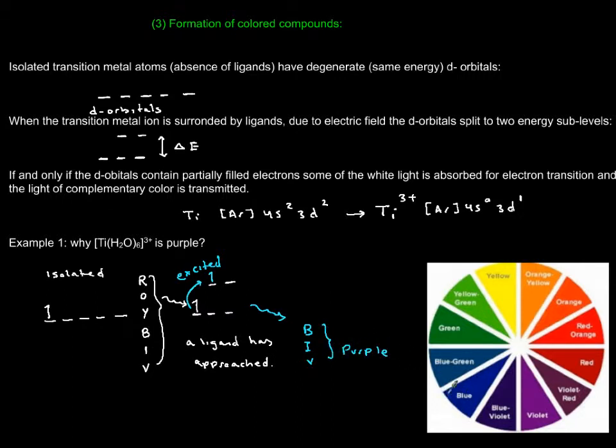And there is a complementary color. Depending on what you absorb, the leftover of the color is the color that you actually see. So in this case, you are probably going to see this area because the rest was absorbed. So this is absorbed, this is being reflected or transmitted.